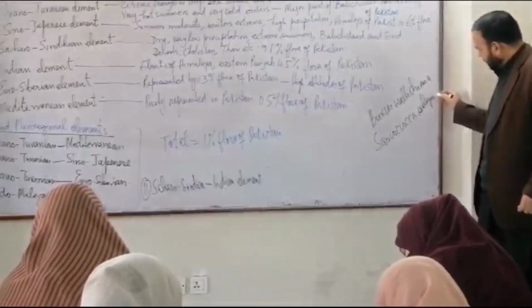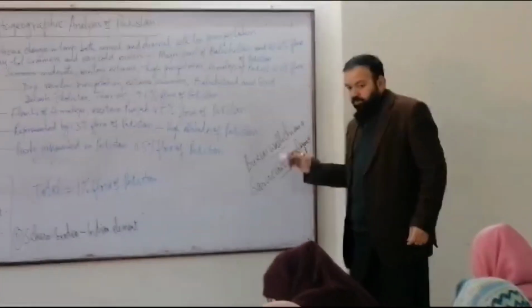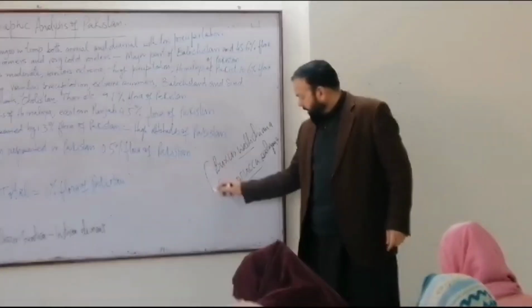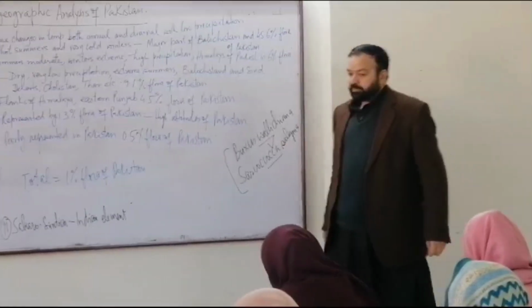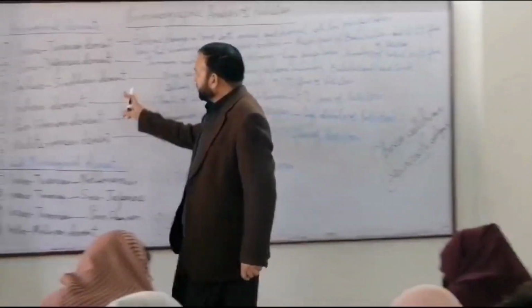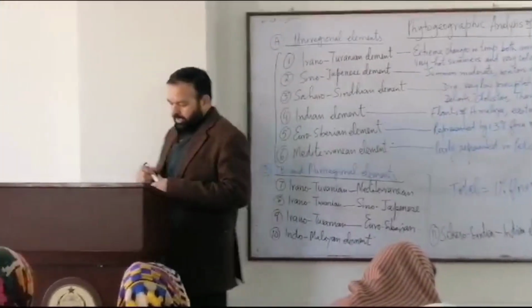Both are common species in the Galiyat and Murree. You can see that both belong to family Buxaceae. These are indicator species of the Sino-Japanese element.